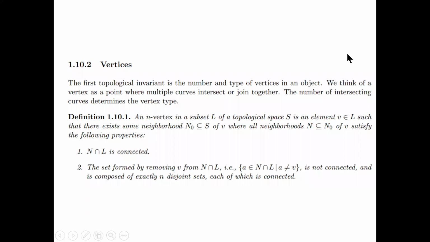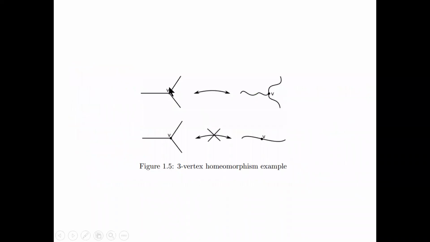So what are the other topological invariants that you might come across? One is a vertex. Here you have three edges meeting at a vertex. You can deform this, so these edges can be deformed like this, but there is no way to change the number of vertices.